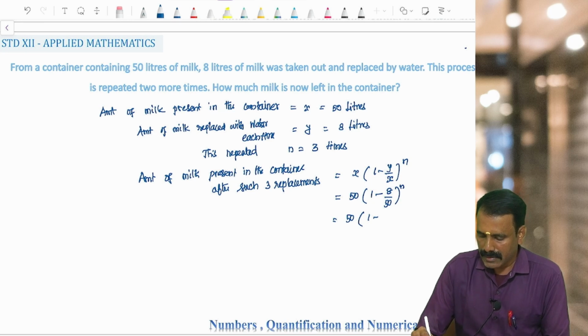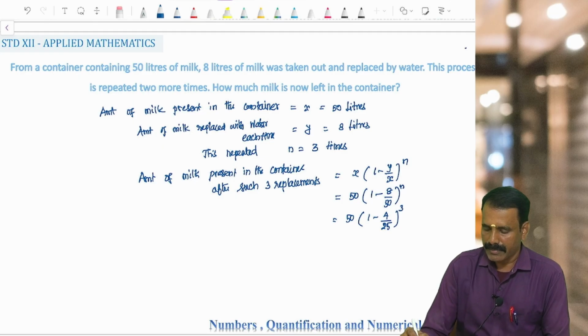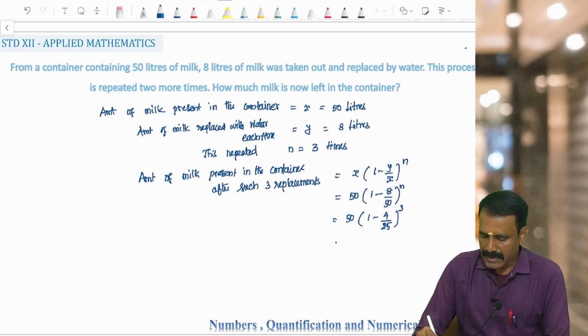So we will get 4 divided by 25 whole power 3. We replace n value by 3. So we take LCM. 50 into 25 minus 4 divided by 25 whole power 3. So it is 50 into 21 by 25 whole power 3.